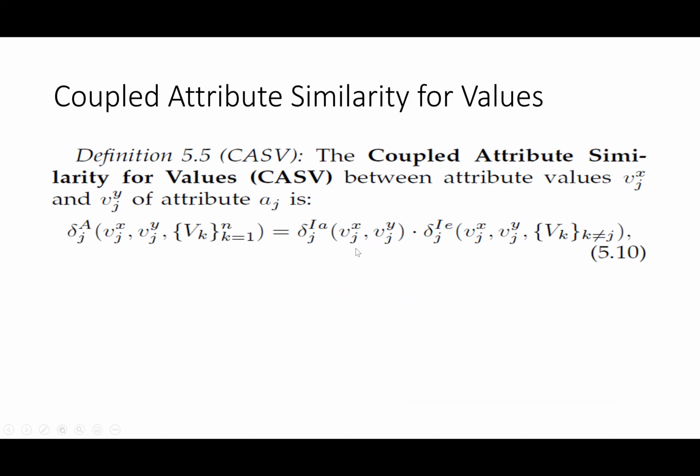So overall, if we can learn the intra-attribute value similarity and the value similarity by considering the inter-attribute interaction, then we can combine them over the whole information table to measure the similarity between any two values, right?